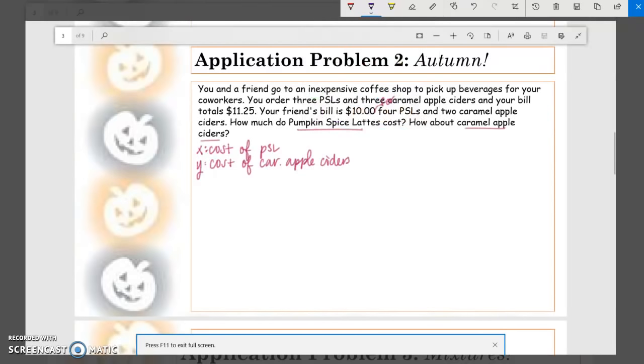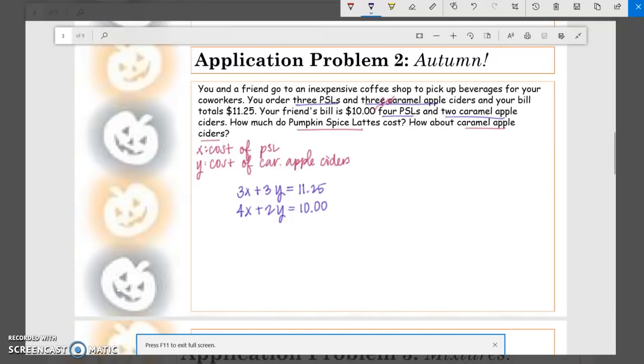In this problem, you have an order and then your friend has an order. So it says that you're ordering 3 pumpkin spice lattes, 3 caramel apple ciders. So we can express that as 3x plus 3y, and then the total that you had to spend was $11.25. Then your friend has 4 pumpkin spice lattes and 2 caramel apple ciders. So we can say 4x plus 2y, and she's spending $10.